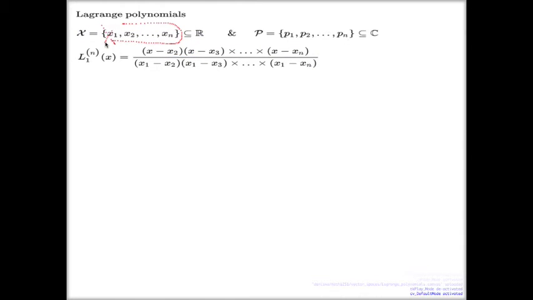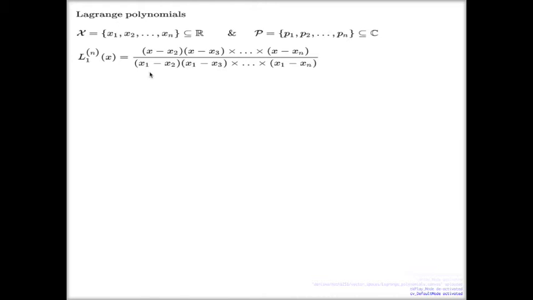For the first polynomial, we drop the first point. At the bottom, we just have a number. There's no x, which is the variable of my polynomial, at the bottom. At the bottom, we just have the top where x is replaced with x1. It looks large, but this is just a number.